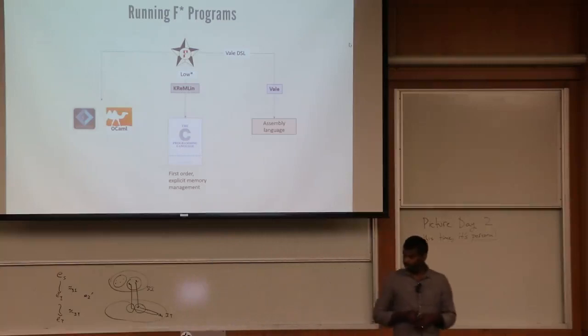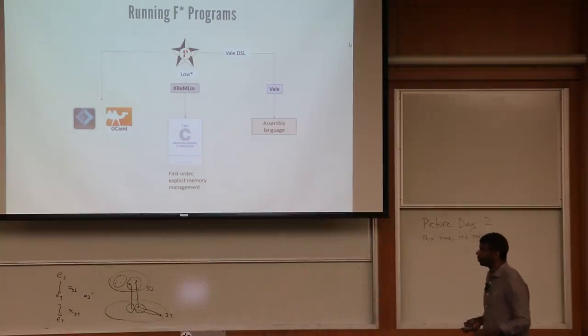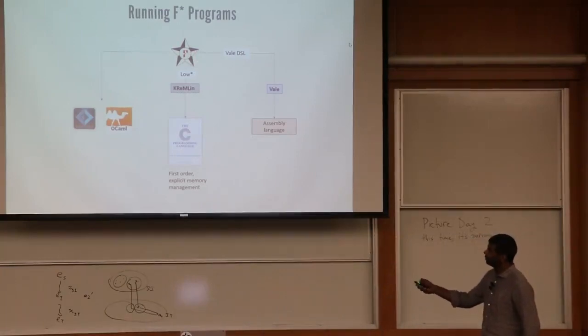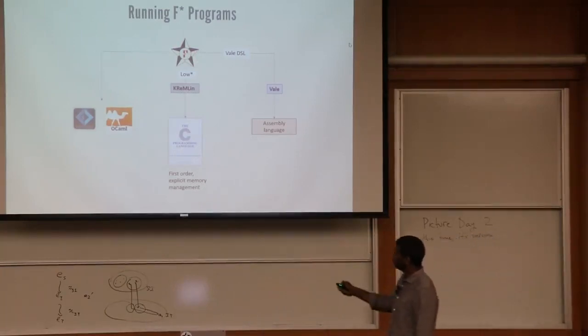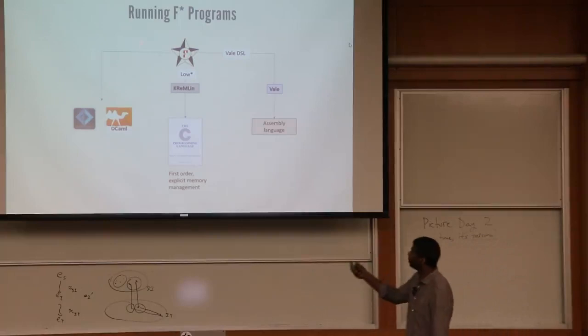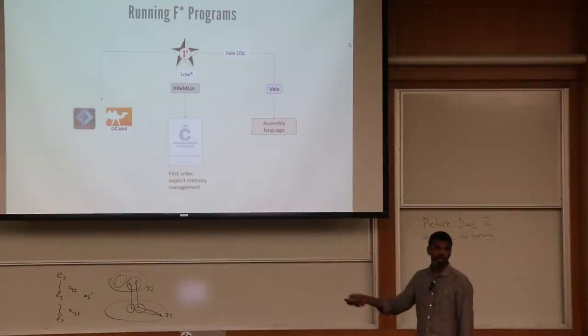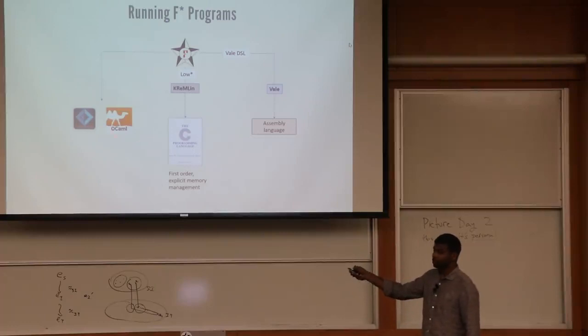Having verified your program, you have a number of choices for how to run your programs. By default, you write an F* program, and you can extract it to either OCaml or F#. And in the process of doing this compilation, F* is going to erase all computationally irrelevant parts, all the proofs, all the specifications. You're going to end up with just an OCaml program with OCaml types.